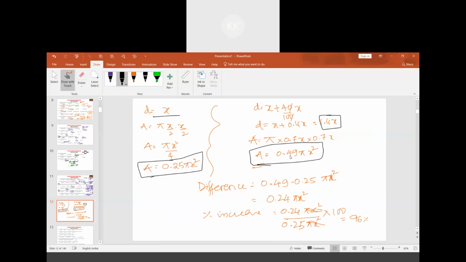Since this is larger, larger minus smaller gives the difference, which is the increase, 0.24 pi x square. So percentage increase is increase divided by the actual into 100. This pi x square gets cancelled. 24 by 25 into 100 will be 96%. Got it? Yes, sir.